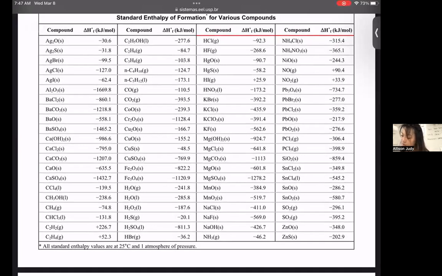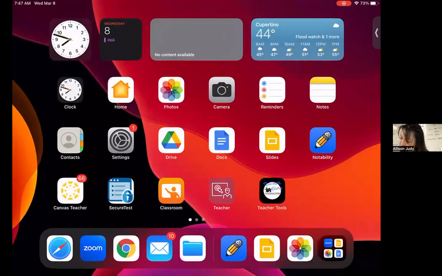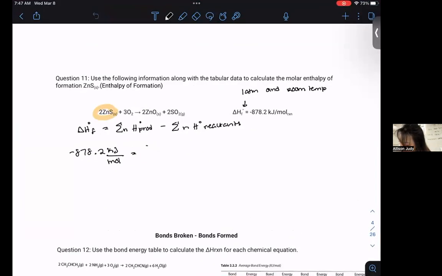And so what I would say then is the sum of my products would be 2 times the molar enthalpy of formation value for zinc oxide, which was negative 348 kilojoules. I'm just not going to write units right now just to make it fit.